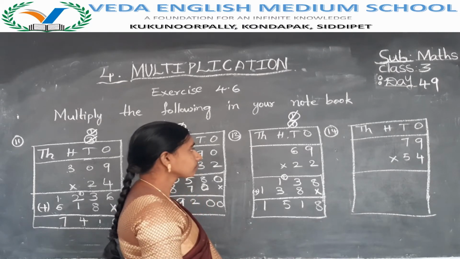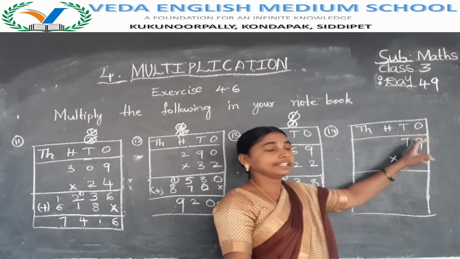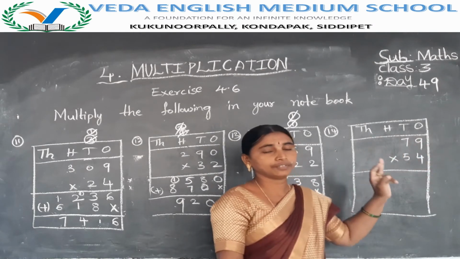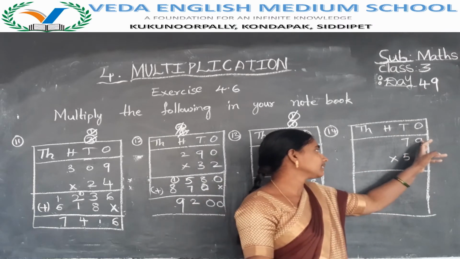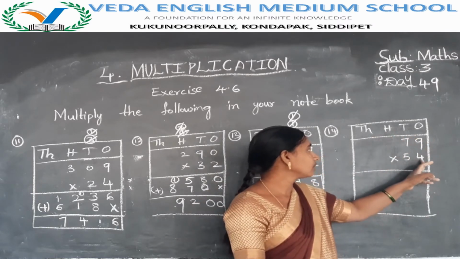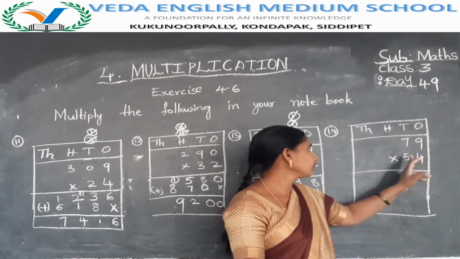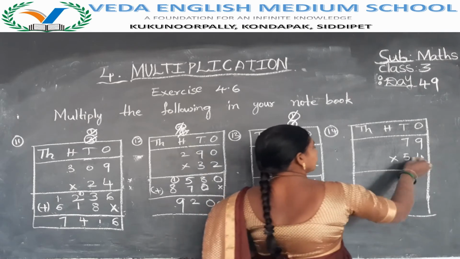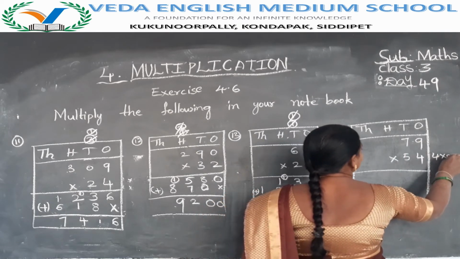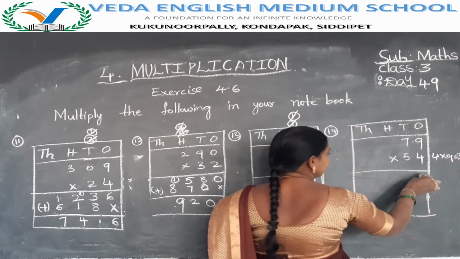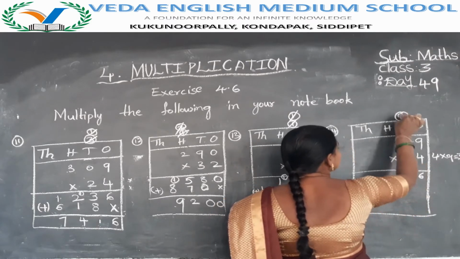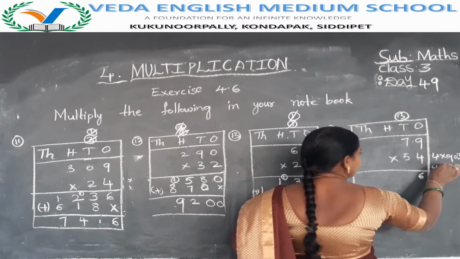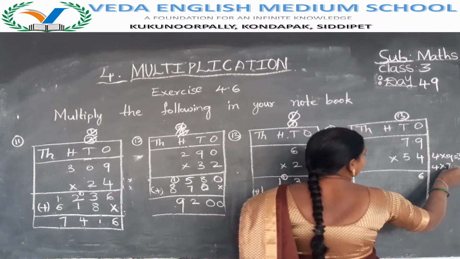Multiply 79 by 54. First of all, the ones place of 79 is 9, the tens place is 7. In 54, the ones place is 4 and the tens place is 5. First, multiplying the ones place: 4 into 9. 4 nines are 36. Here 6, and 3 is the carry to the tens place. Next, multiplying the tens place: 4 into 7. 4 sevens are 28.